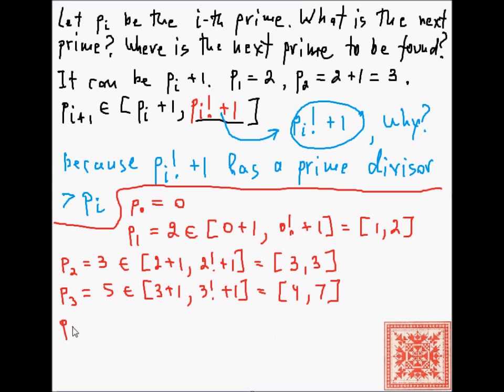So 5 is between 4 and 7, inclusive, closed interval. So the fourth prime is 7, and that's the previous prime, 5 plus 1 is 6, and the factorial of the previous prime, which is 5 factorial plus 1. So that puts us from 6 to 121. Okay, and so forth.